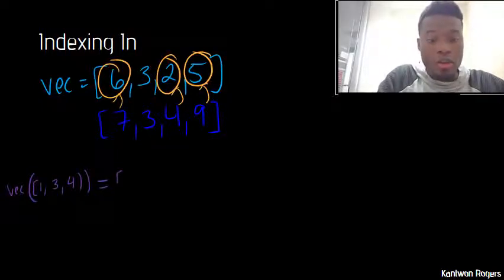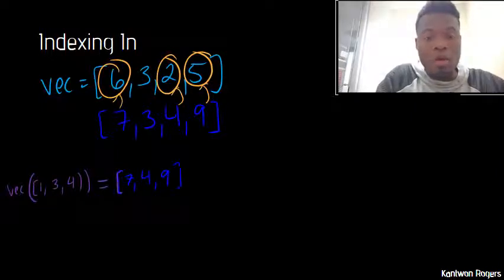So the first value that I want to place is the 7. So let's write this in blue. It's the 7. The second value that I want to place is the 4. And the third value that I want to place is the 9.